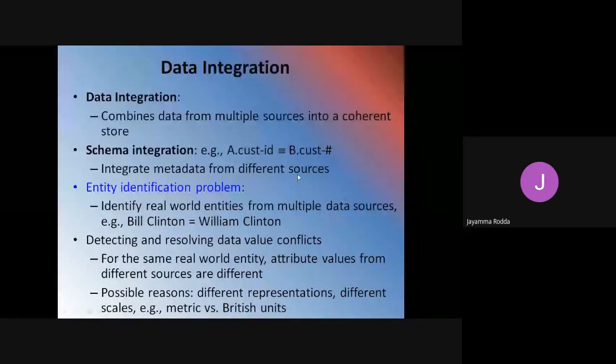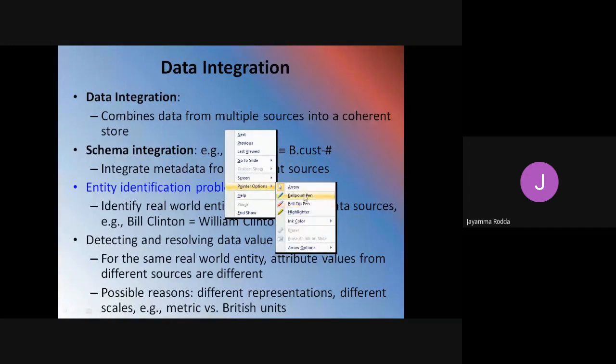Each of them could be two different persons. So how will you be sure that Bill Clinton and William Clinton are the same person, and that the details we acquire from different databases hold the same person's information? This is the entity identification problem.